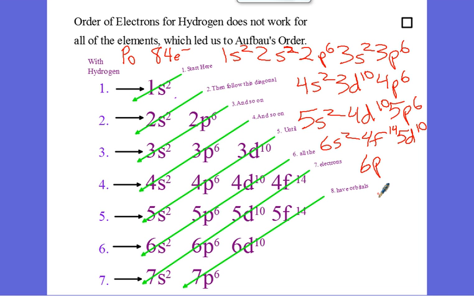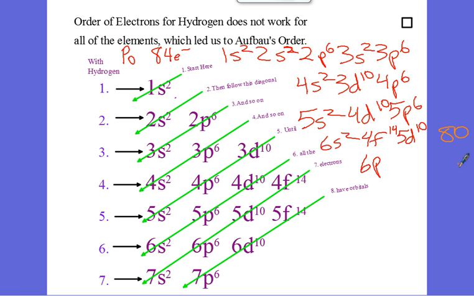Now I'm going to pause. So if I do the math right now, if I do the 2 plus 2 plus 6 plus 14 plus 10, I'm going to be at 80. Right now, I would be at 80. And I was told by the lady in the back with the blonde hair that I had 84 electrons in a polonium atom, right? So how many more electrons does polonium have?